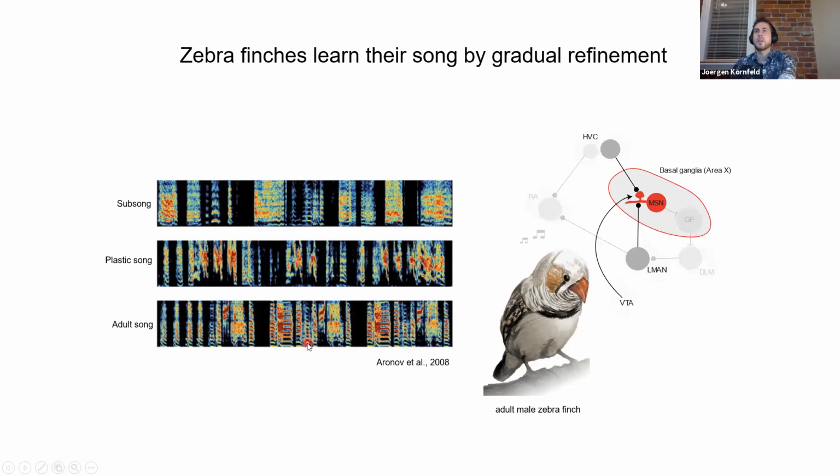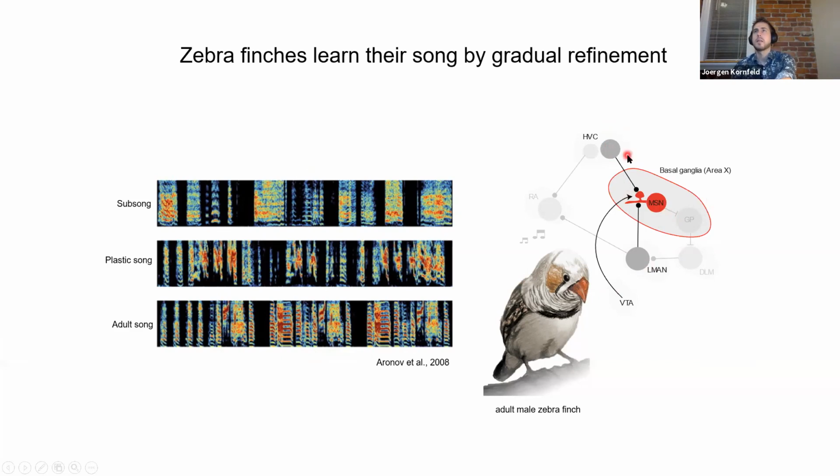And what machinery do they use for this? Well, I talked already about the basal ganglia, and it turns out that they have circuitry in their brain involving the basal ganglia that is required and necessary to perform this imitation learning.